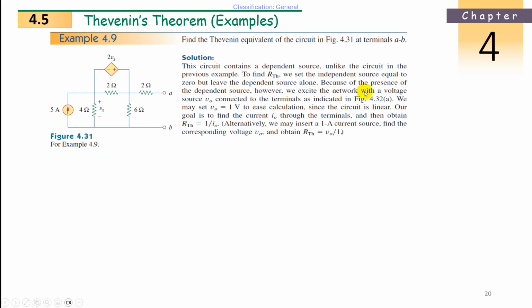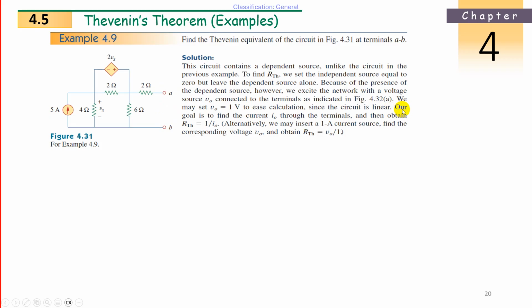However, because of the presence of the dependent source, we excite the network with a voltage source V0 connected to the terminals A and B. We connect a voltage source V naught of 1 volt or anything; 1 volt is optimal, used to ease the calculation. Or connect a current source of 1 ampere, up to you.